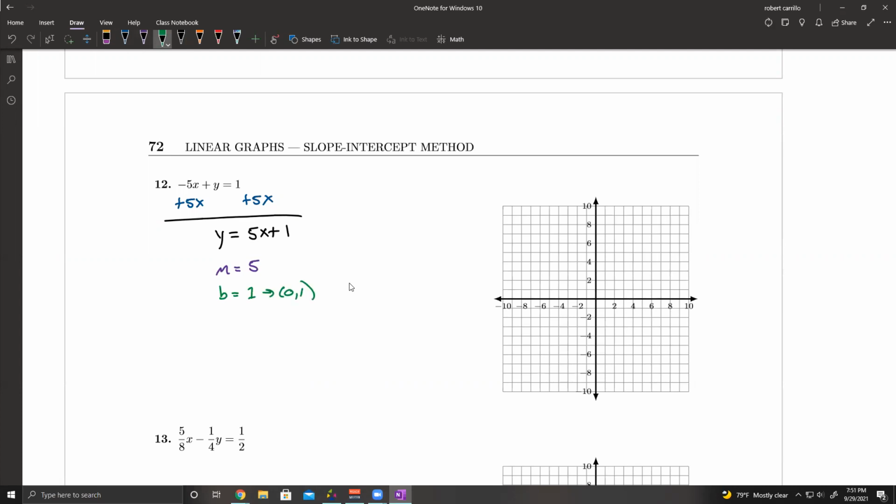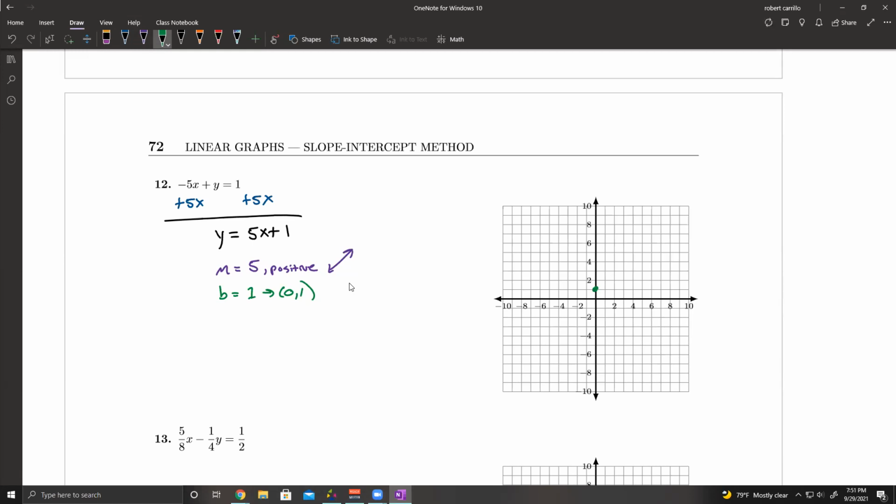And our slope is positive or negative? Positive. So it's going to go from bottom left to top right. That's what positive slopes do. Again, we start at the y-intercept, (0, 1) right there.